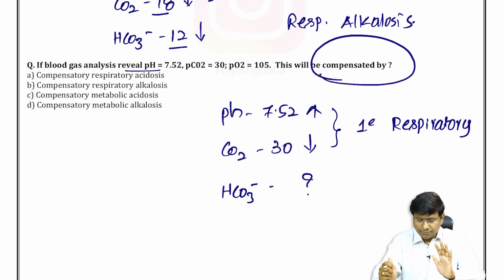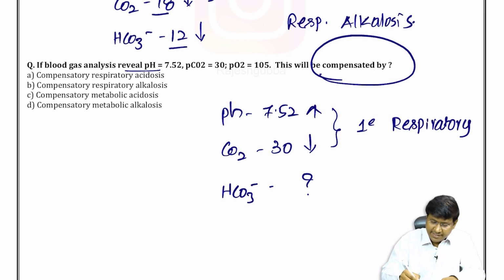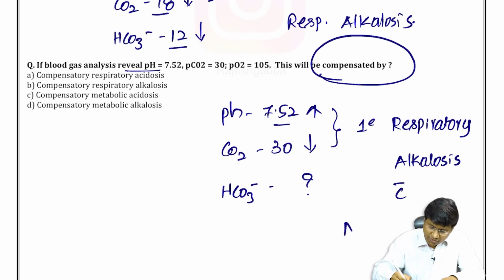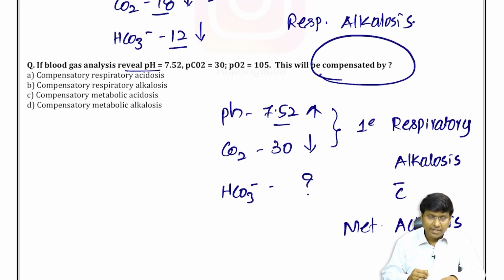So when the primary acid base disorder is respiratory and the pH is increasing, what do we call this? Respiratory alkalosis. And if there is respiratory alkalosis, what should be the compensation? The compensation should be metabolic acidosis.